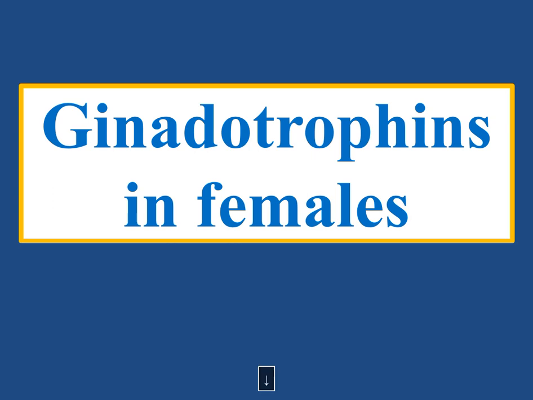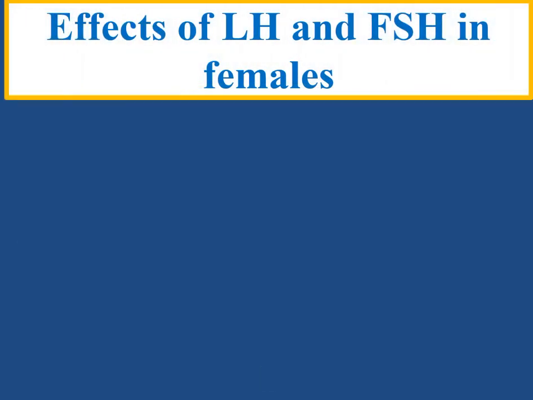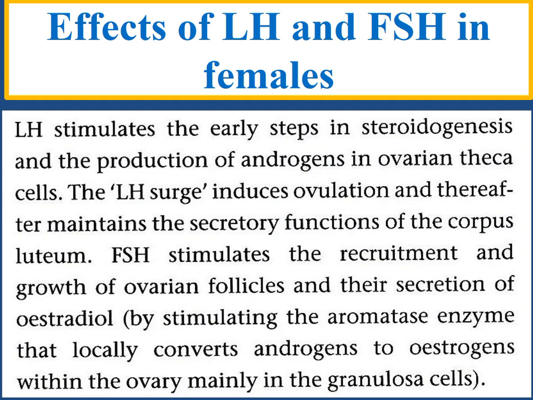Effects of LH and FSH in females. LH stimulates the early steps in steroidogenesis and the production of androgens in ovarian theca cells.